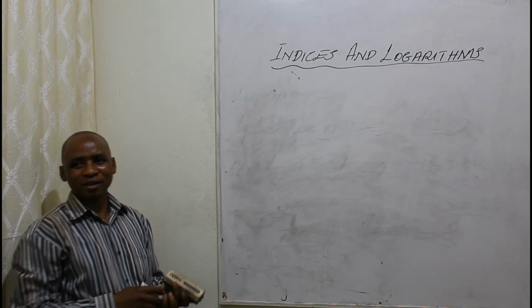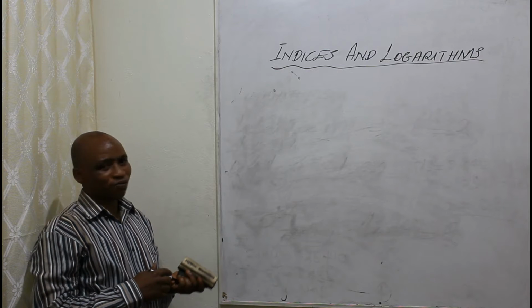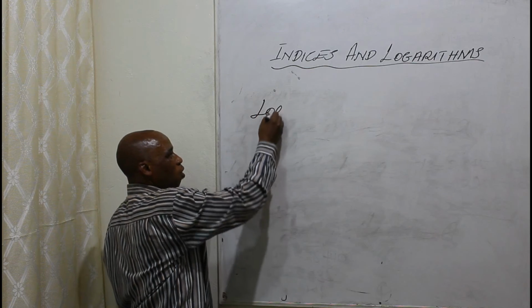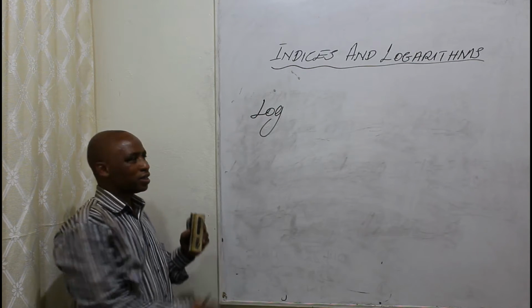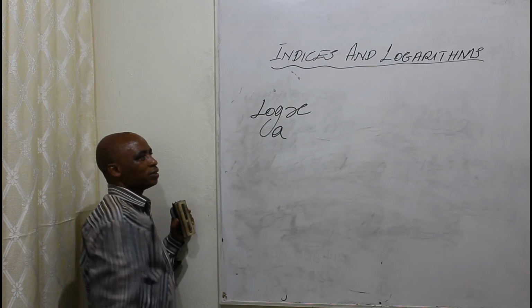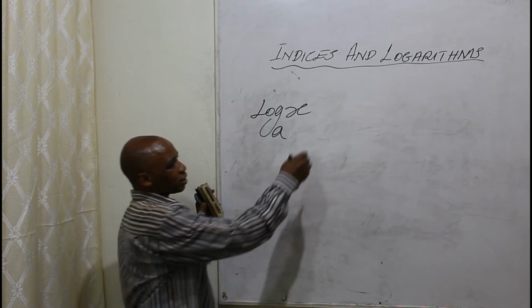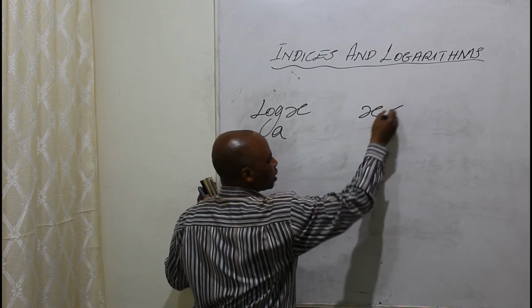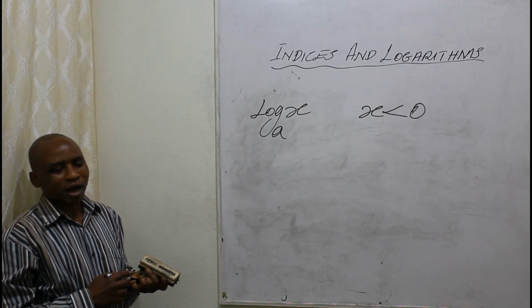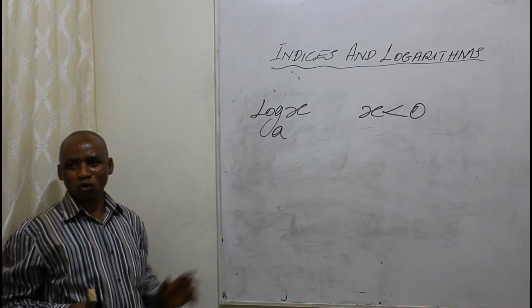First, whenever you are to find the log of a number, say x, to a particular base, let's say a, and x is less than 0, that logarithm does not exist.